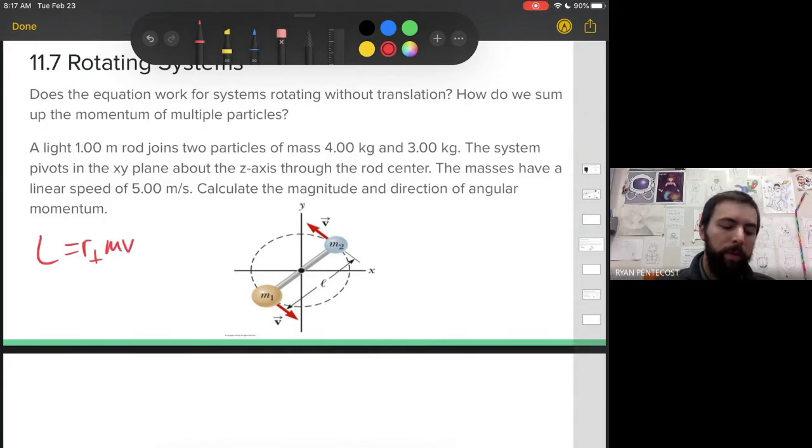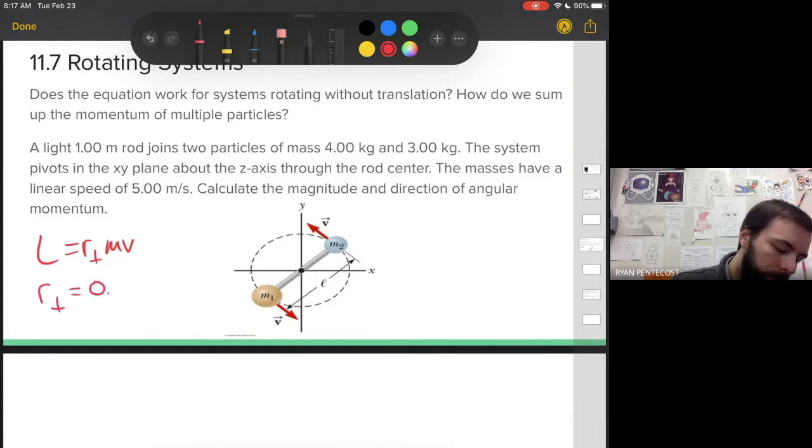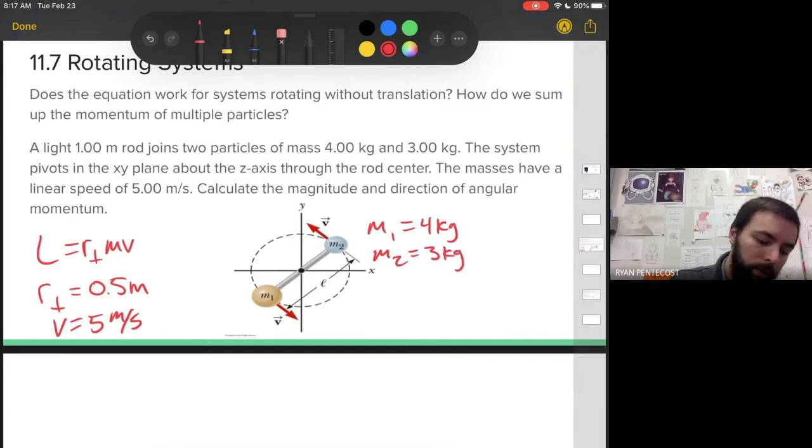The radius is perpendicular to the velocity. So we have a radius of 0.5 meters, right? So our R perpendicular is 0.5 meters, and our velocity is 5 meters per second. Looking at the image, we can see that M1 is larger than M2, so I'm going to assume that M1 is 4 kilograms and M2 is the lighter 3 kilograms.